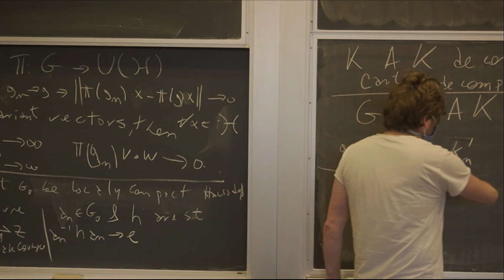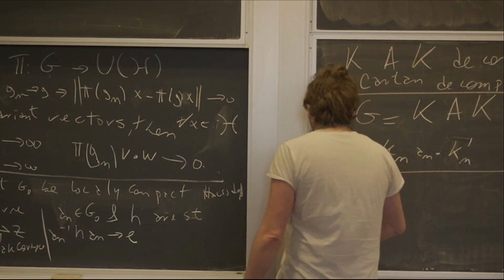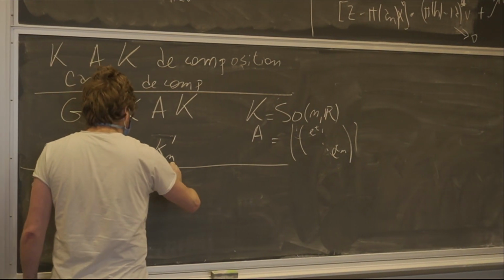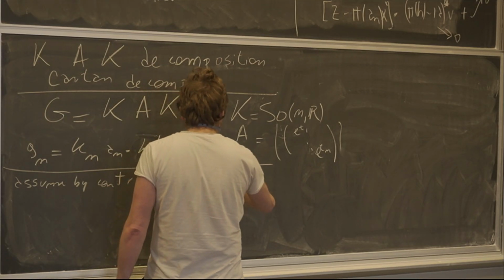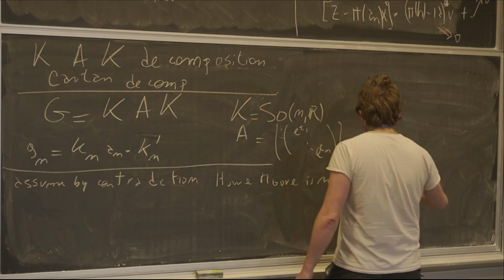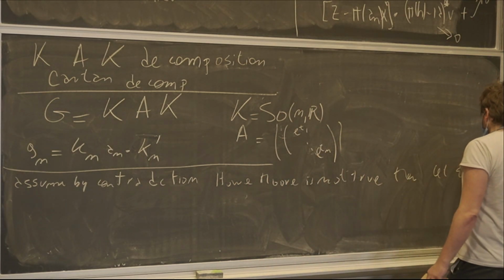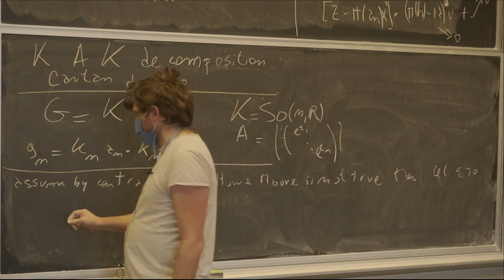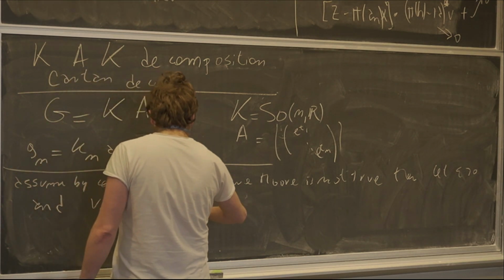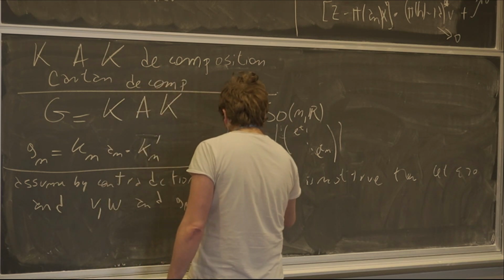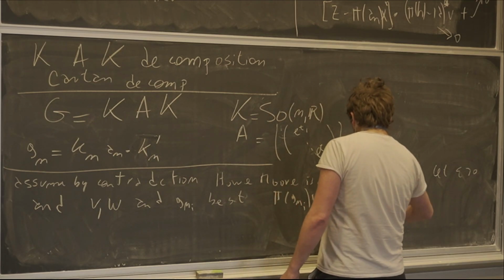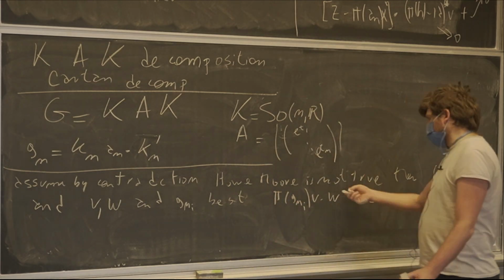So after we have this KAK decomposition, we say the following. Assume, for contradiction, that Howe-Moore is not true. Then let epsilon be positive, and let v, w, and g_i be such that the inner product of g_i v with w stays larger than epsilon.